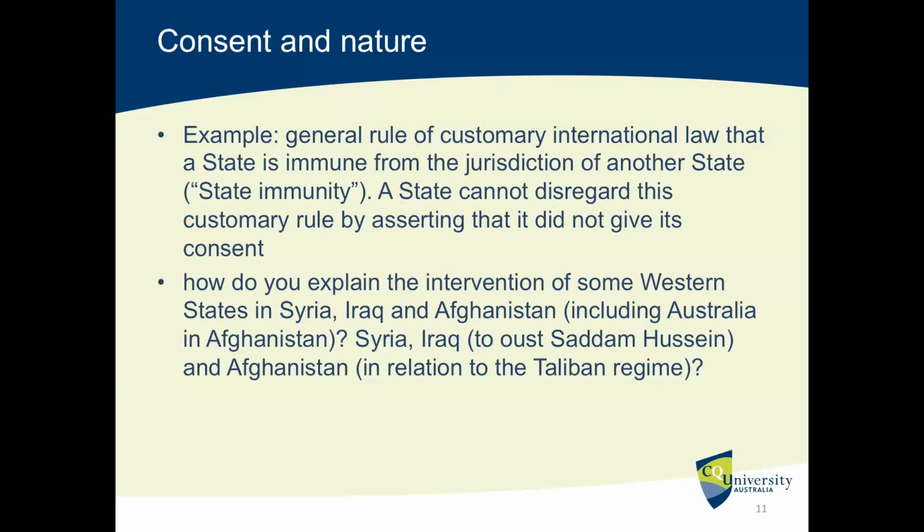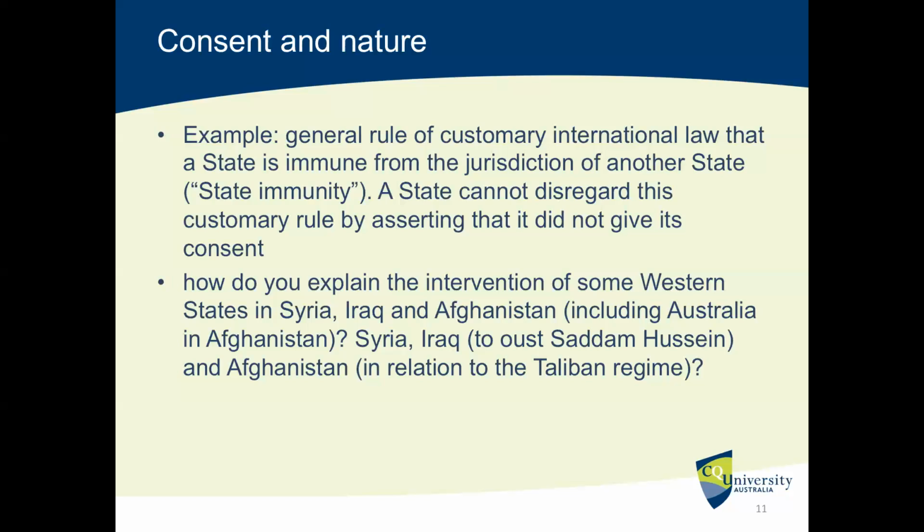And in the case of Afghanistan, when the United States went after the Taliban regime, which was then the legitimate government in Afghanistan at that time, they bombed Afghanistan and sought to kill or arrest a lot of these Taliban leaders who were at that time trying to harbor Osama bin Laden.